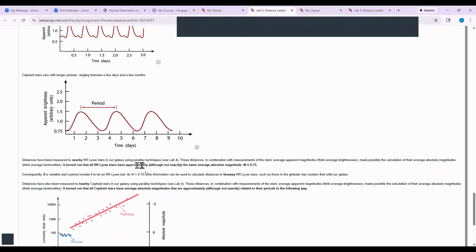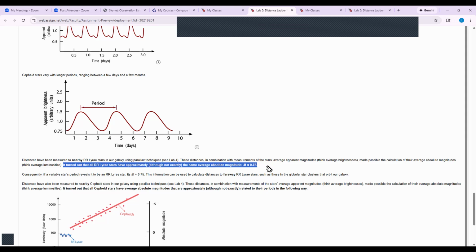And one of the key things that we know, based on the practical observations of astronomers in the last centuries, is that RR Lyrae have approximately the same average absolute magnitude. M capital is always 0.75. And why it is like that, we don't know. This is something we would have to go further down, and we don't want to go more into astrophysics.